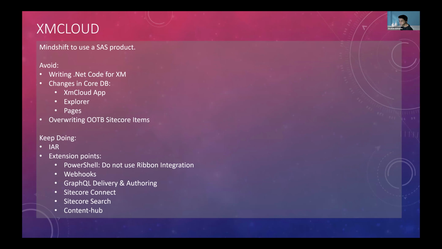When you use PowerShell, again, you should avoid using the ribbon integration because ribbon integration will affect the core database. Just use a context menu. You can use the webhooks, you can use the GraphQL delivery or authoring. You can use Sitecore Connect if you need an external integration, or you can use other products like Sitecore Search and Content Hub.